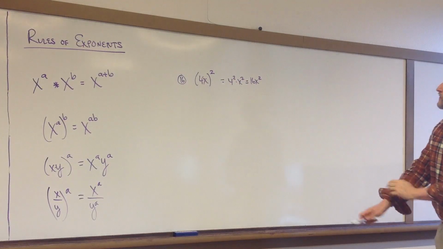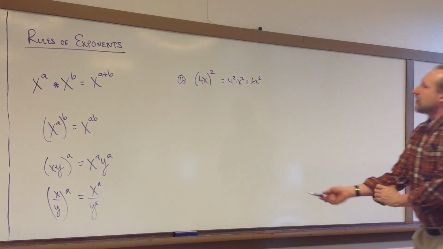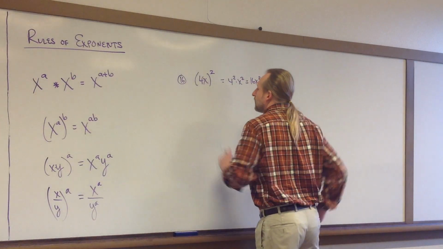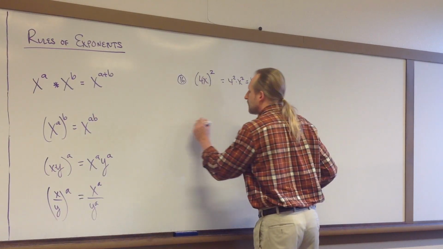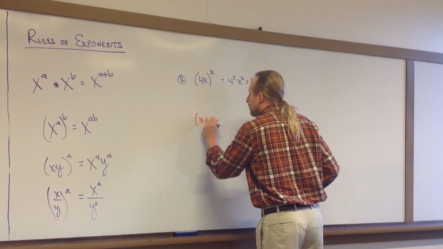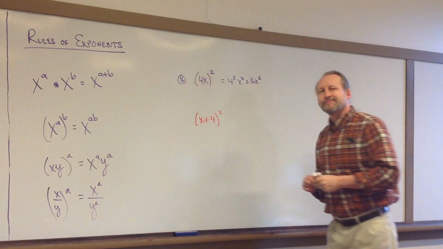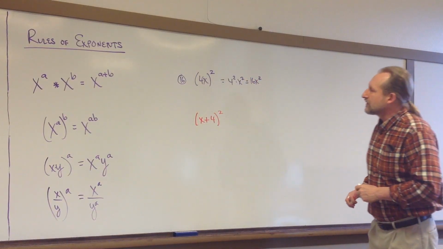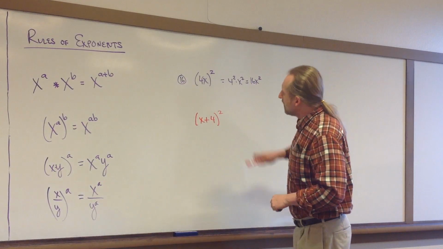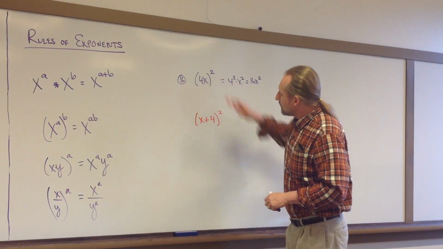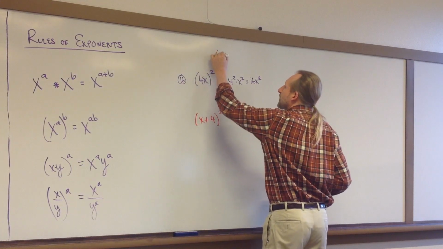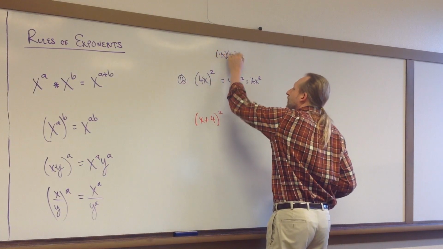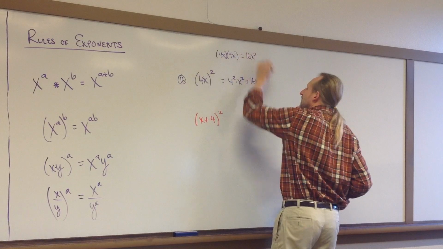Okay? Now, next week, we'll look at problems where we want to do, and I'll do this in a different color so we don't confuse the situation, x plus 4 squared. Now, this is different. Here, you have to multiply x plus 4 times itself. So if we go back up here, we can write this as 4x times 4x, and there's our 16x squared.